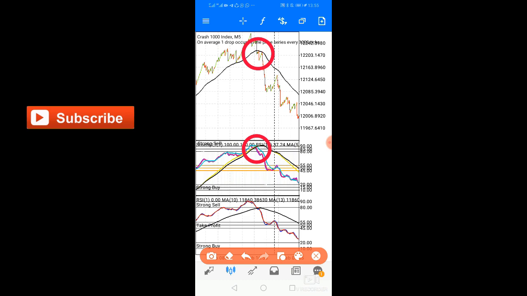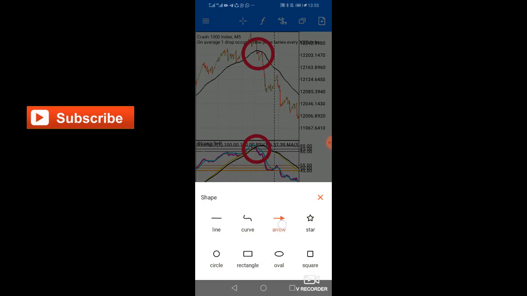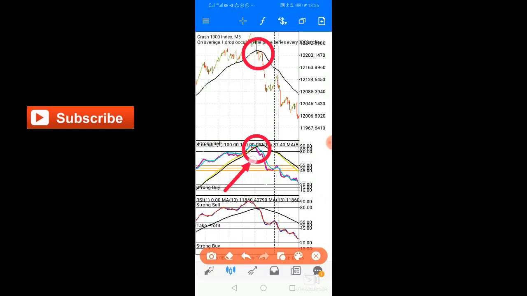We have the pink and purple EMAs crossing below the red, the black and the yellow. That's what you need to look for. Also, the blue EMA should be above these two little EMAs, the pink and the purple one. Then you would know you're on a good track.